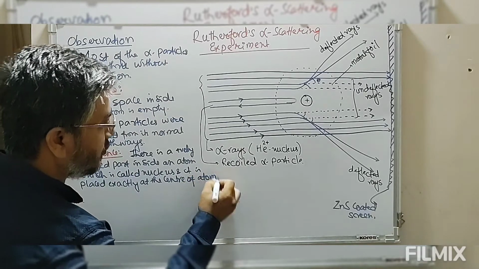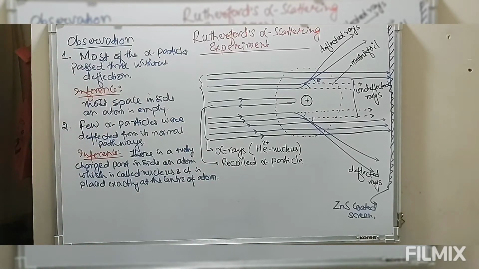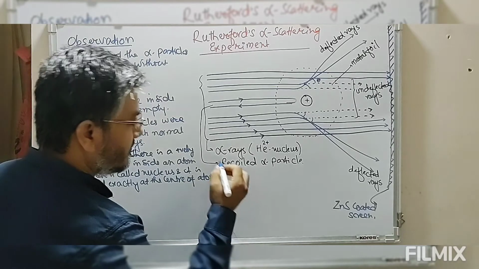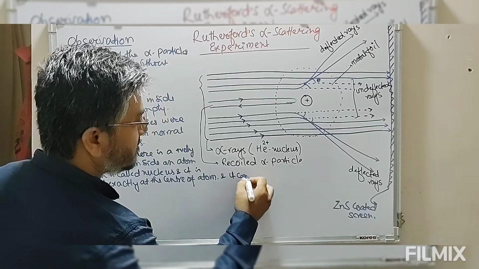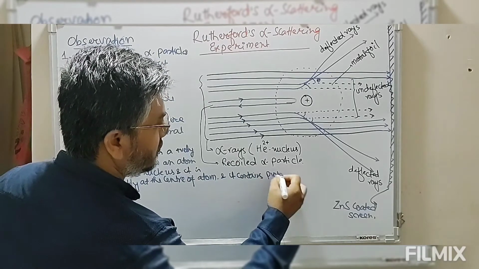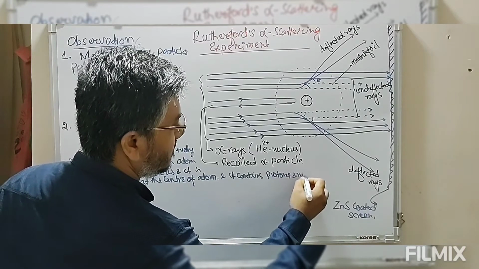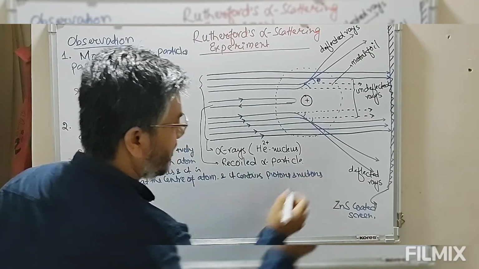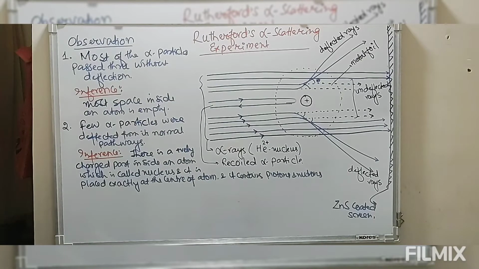So this positive part, the nucleus, is placed exactly at the center of the atom, and it contains protons and neutrons. So these are the two fundamental particles which are present inside this nucleus.